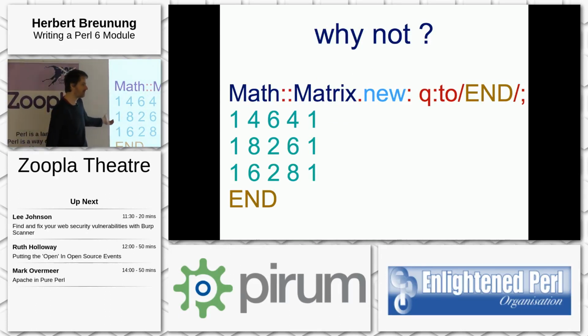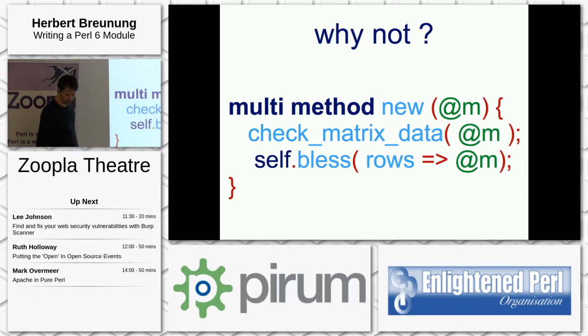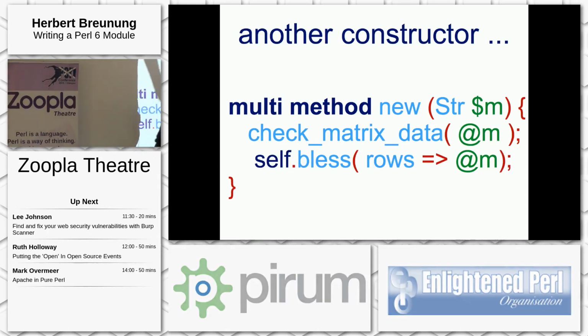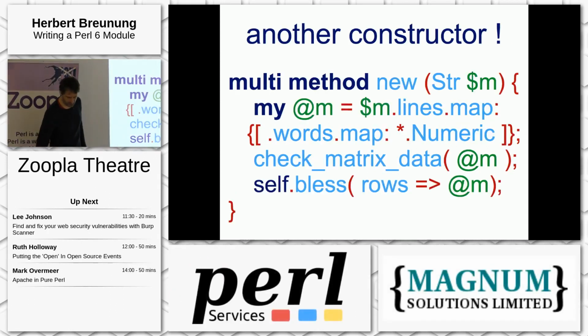Everyone knows what that's supposed to be, and the string will be given into new, and all I had to do is, at first, of course, change this type, and what I did was just convert it into an array of numbers, so we are again good.